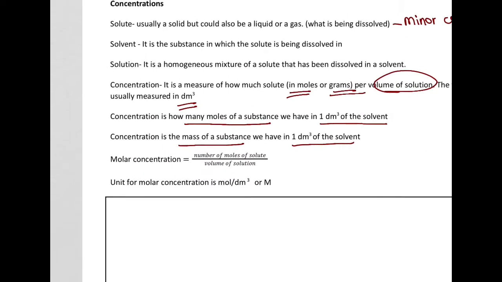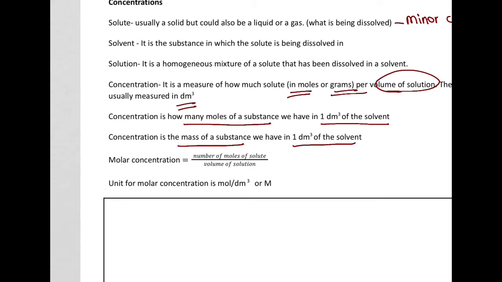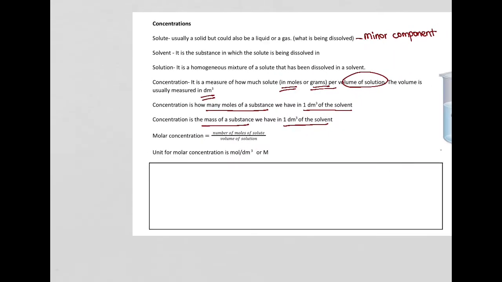So just to make it simpler in the form of a formula, molar concentration, that is concentration given in moles. So concentration in moles is equal to the number of moles of solute that we have in a certain volume of solution, right?